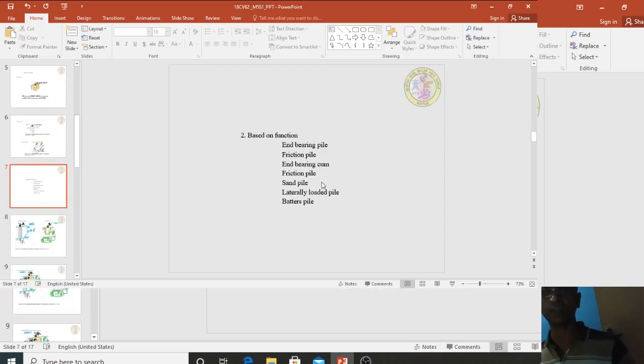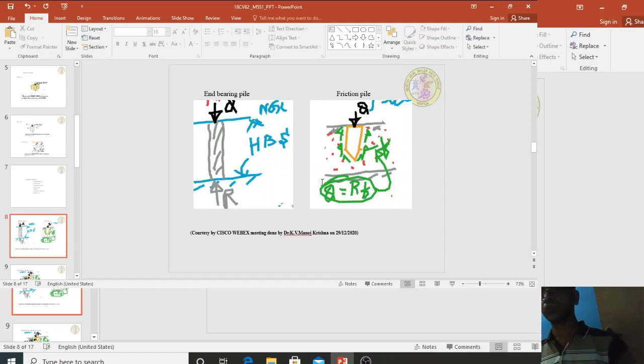Next, based on the function, piles are classified into end bearing pile, friction pile, end bearing cum friction pile, sand pile, laterally loaded pile, batter pile. End bearing pile: HBS stands for hard bearing stratum, NGL stands for natural ground level. Suppose this is the pile, this is natural ground level, and this is hard bearing stratum.